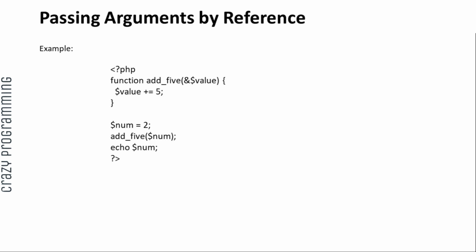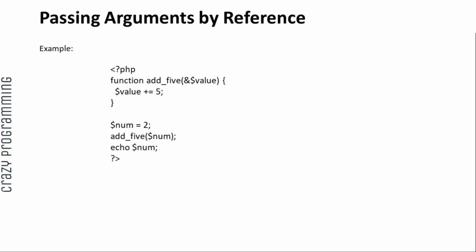So what is the value of value? Let's go outside the function, where I created a new variable num equals 2, and then I called the function add_five with num. The num value is 2, it means the value became 2, so the result will be 2 plus 5, that is 7.